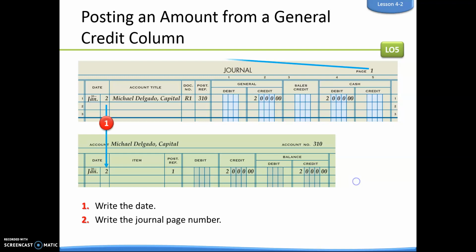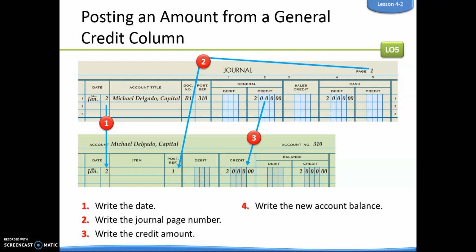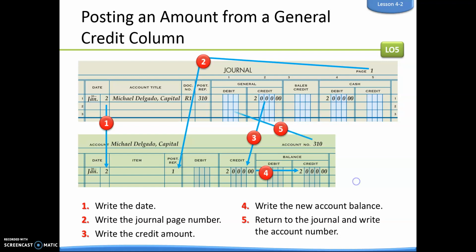You put your journal page number, which is still 1. You put your credit amount into your credit column for Michael Delgado Capital, and you write your new account balance, which is $2,000, and then you go back, returning to your journal, and put your account number in the post reference column there. All things considered, it's the exact same.